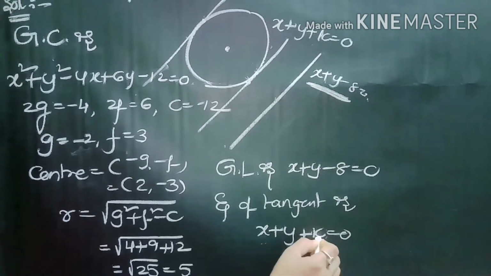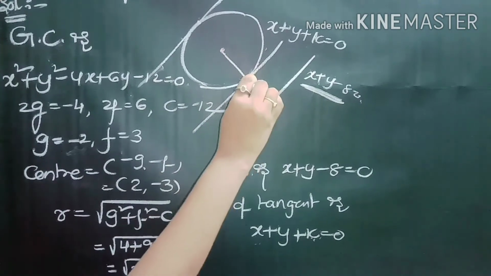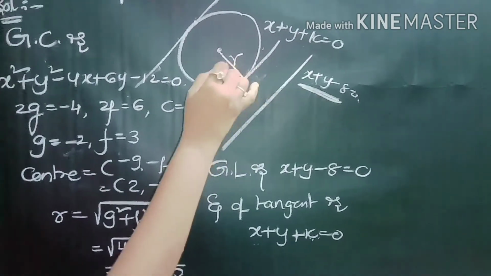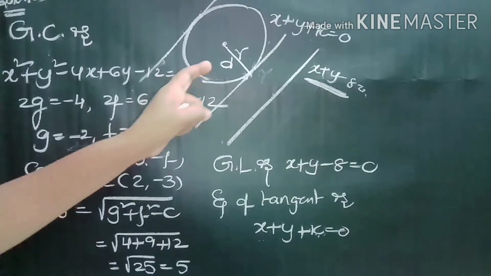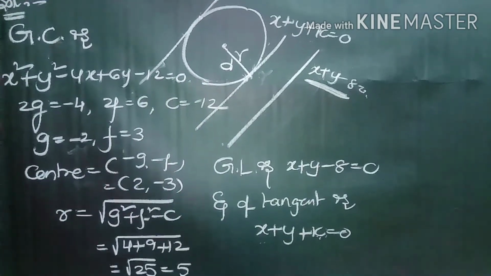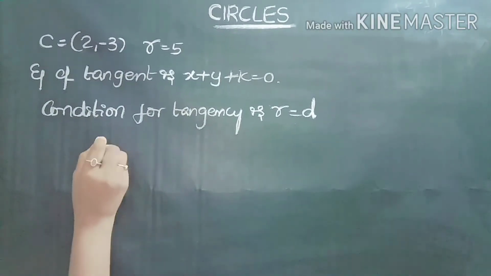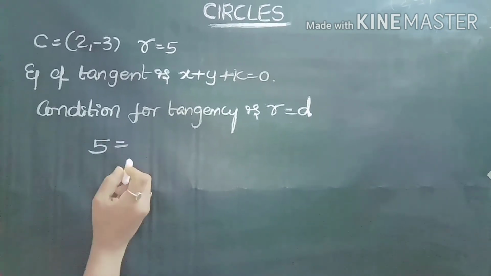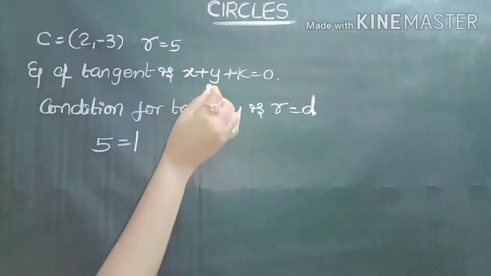Now to find the value of k, we apply the condition for tangency. What is the condition for tangency? r is equal to d. From that we can get the value of k. The condition for tangency is r equals d, so 5 is equal to d, the perpendicular distance from the center 2 comma minus 3 to the line.